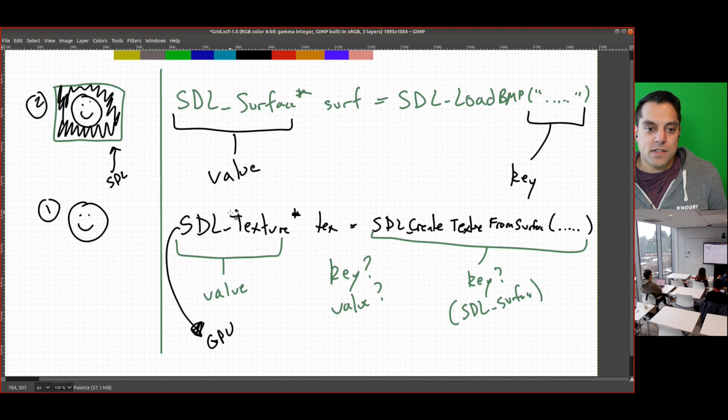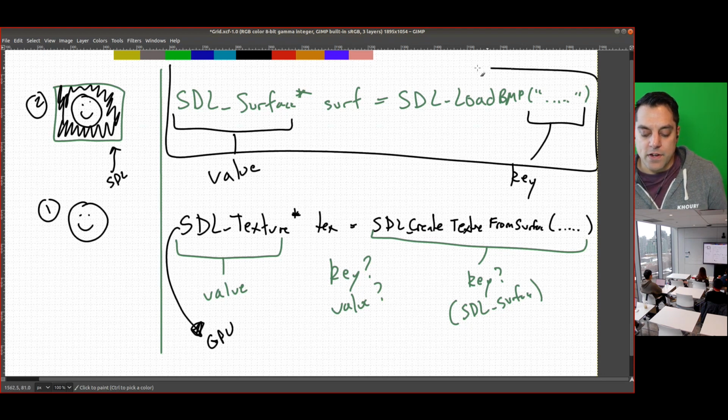Yeah, other questions? These are great questions about the resource manager. Because eventually we're going to have a bunch of different manager classes managing our resources. So as you folks are thinking about this, you'll have at least a manager for maybe surfaces.